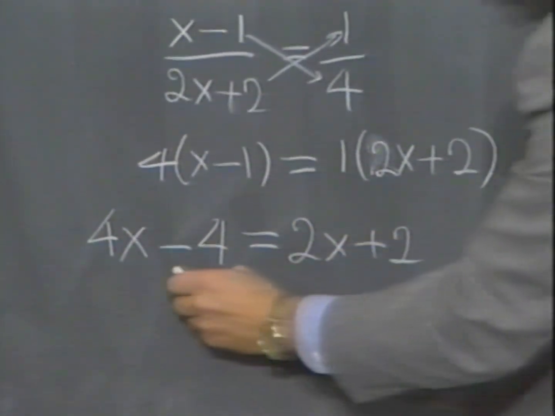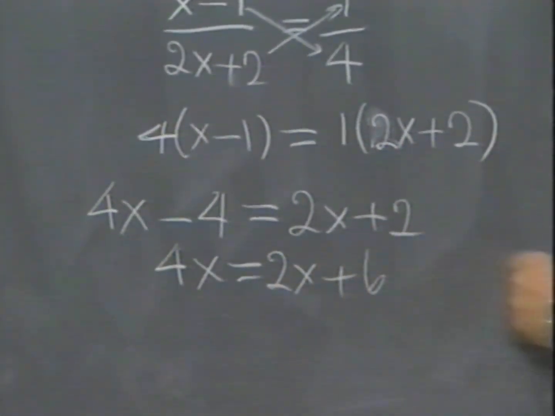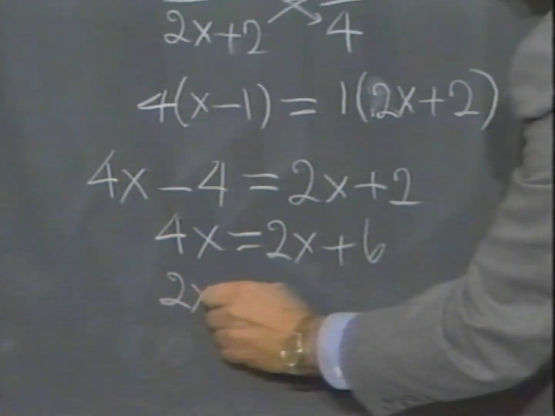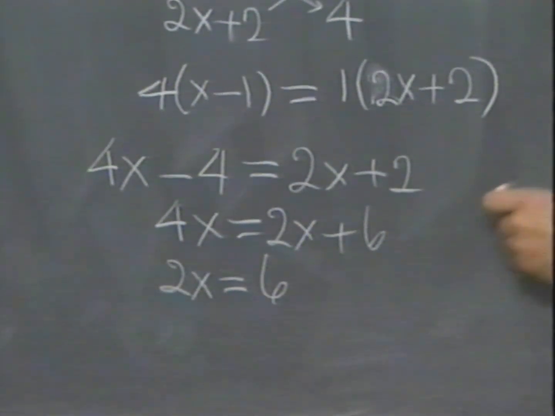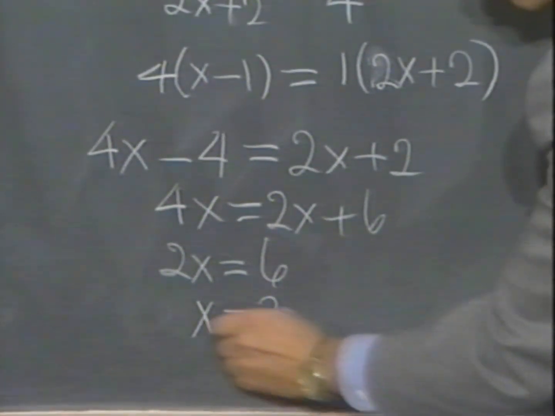Add 4 to both sides. We have 4x equals 2x plus 6. Subtract 2x from both sides, and we have 2x equals 6. Divide by 2, and we have x equals 3.